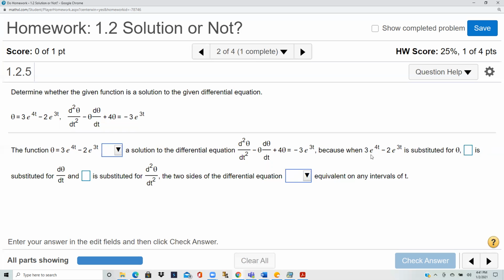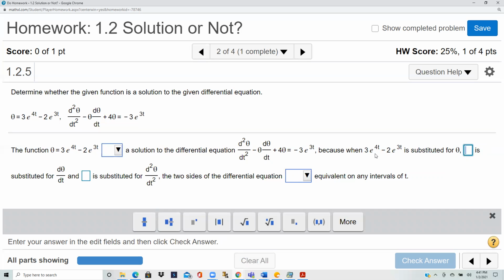When 3e^4t minus 2e^3t is substituted for theta, blank is substituted for the first derivative. So let's find the first derivative. The derivative of e to the 4t is e to the 4t times 4, and this 4 gets multiplied here. So it'll be 12e^4t.